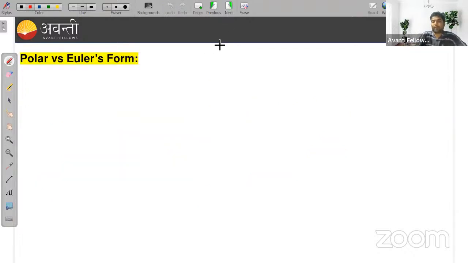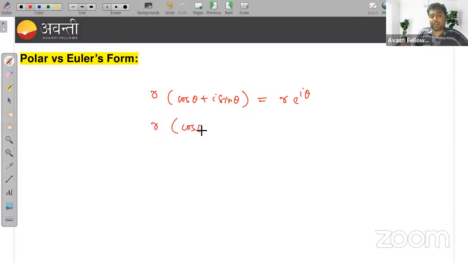Okay. Now we'll see polar form versus Euler's form. See, r into cos theta plus i sin theta is equal to r into e to the power i theta. Similarly, if I take the conjugate, r into cos theta minus i sin theta is equal to r into e to the power minus i theta.